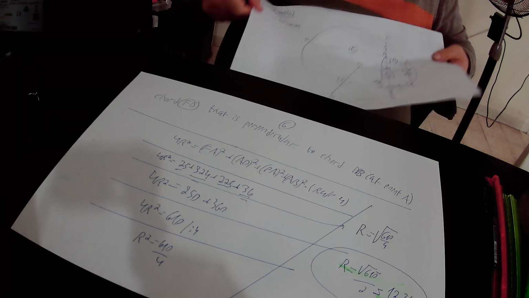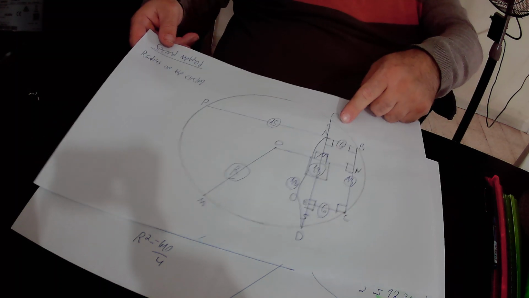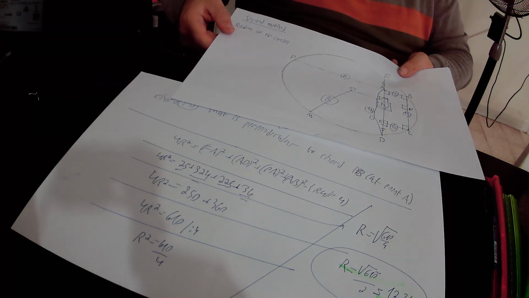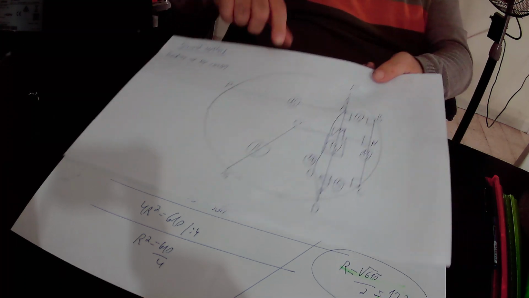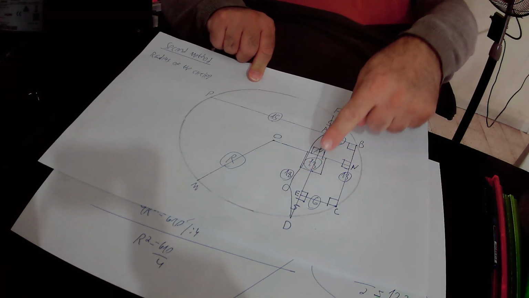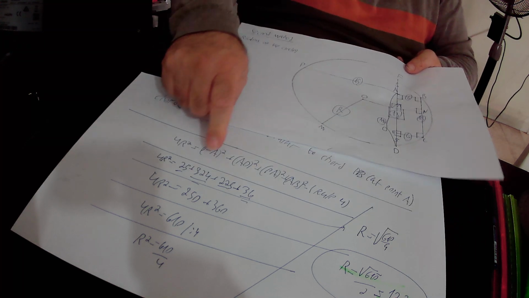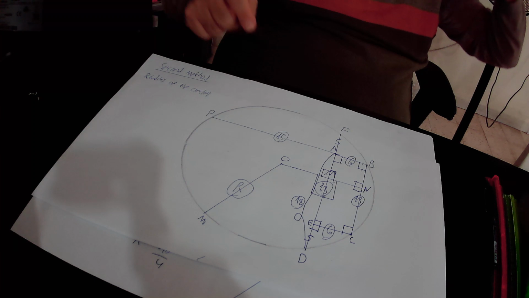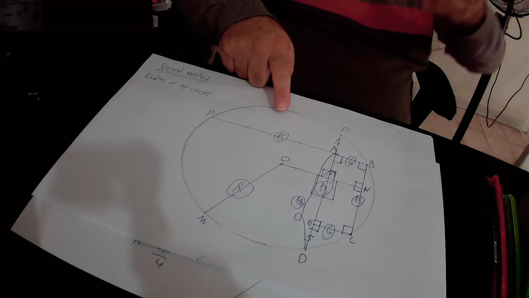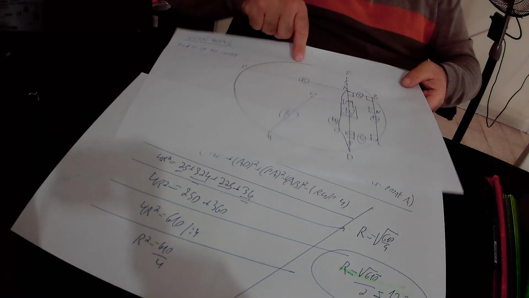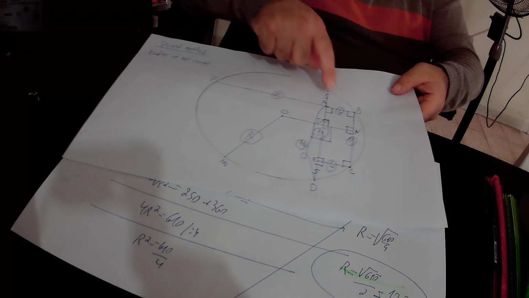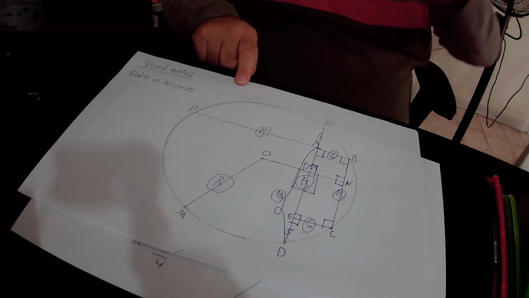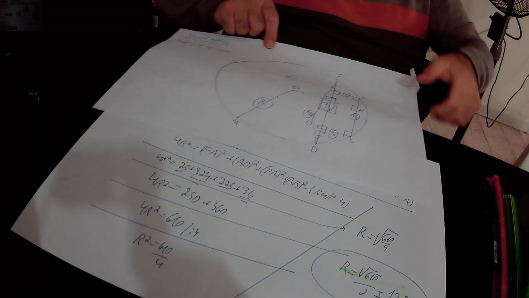Okay, so here FA equals 5, therefore FA squared equals 25. AD equals 18 units, therefore AD squared equals 18 squared, which is 324. PA equals 15 units, therefore PA squared equals 15 squared, which is 225. Plus AB squared, AB equals 6 units, therefore AB squared is 6 squared, which is 36.